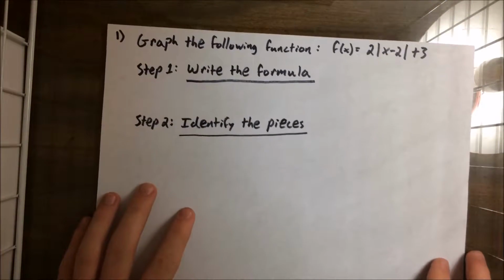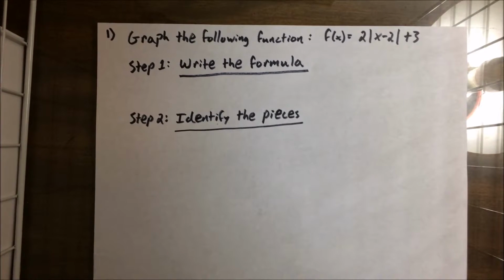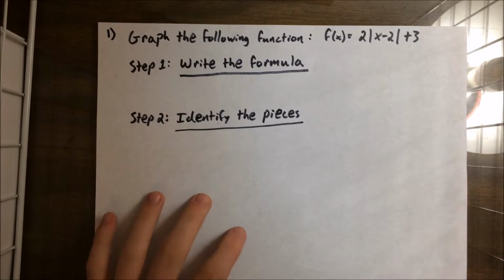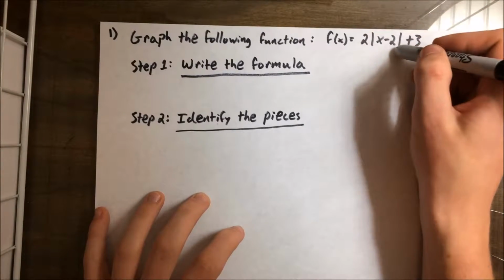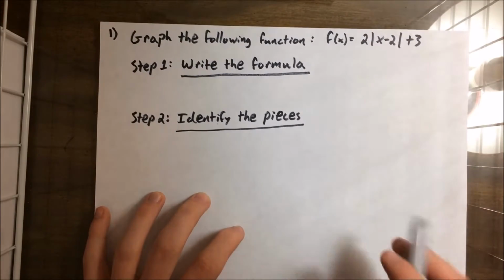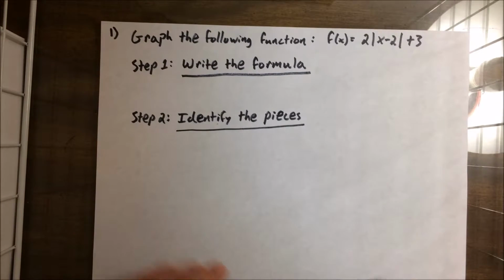In this example, we are going to graph this function. So f of x is equal to 2 times the absolute value of x minus 2 plus 3. So step 1 is to write the formula.